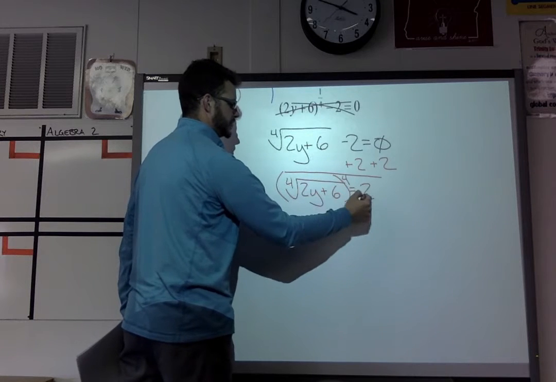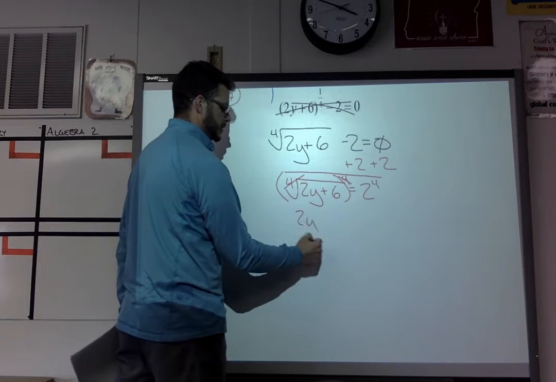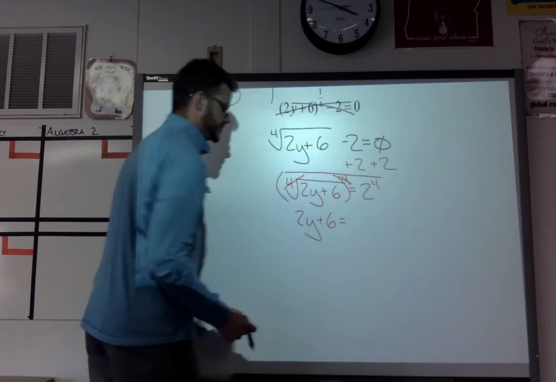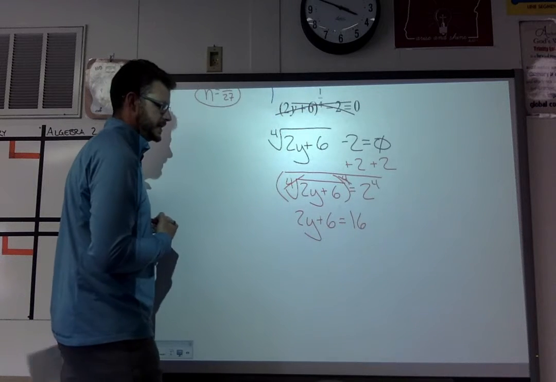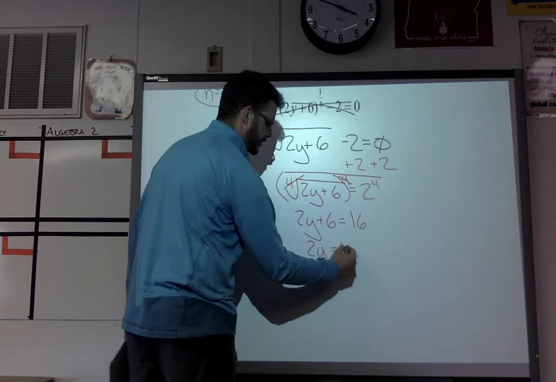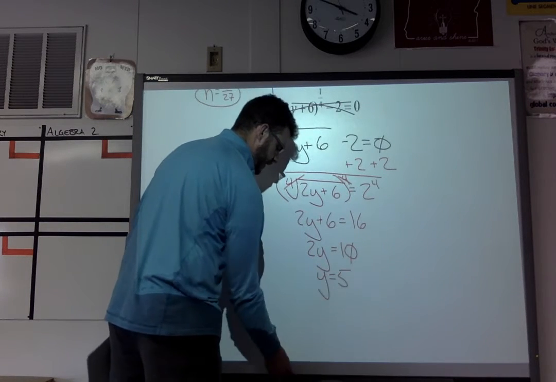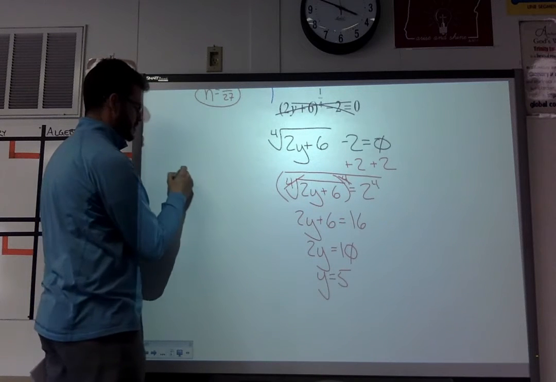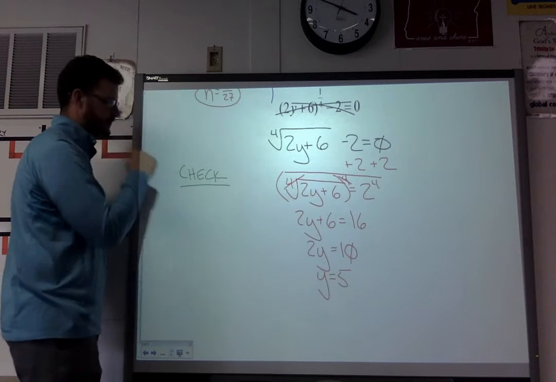Now this time we have to raise to the fourth power to get rid of the fourth root. So 2y plus 6 equals 2 to the fourth power, which is 16. Subtract my 6, I get 2y equals 10. Divide by 2, y equals 5. Then let's go ahead and check that just to make sure it works.